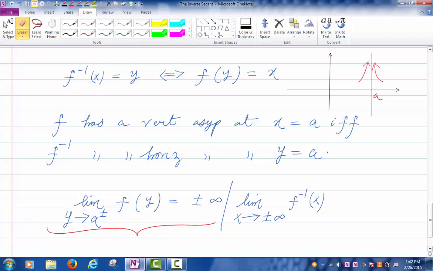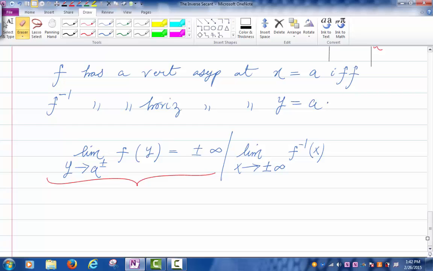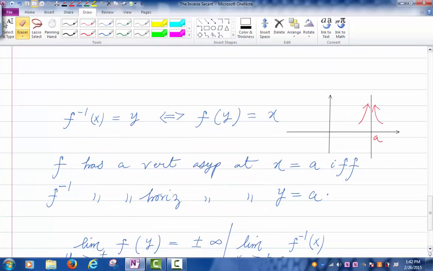Now, what am I claiming? I'm claiming that f inverse has a horizontal asymptote at y equals a. What does it mean to have a horizontal asymptote? If I make another graph here, what does it mean to say that I have a horizontal asymptote at y equals a?